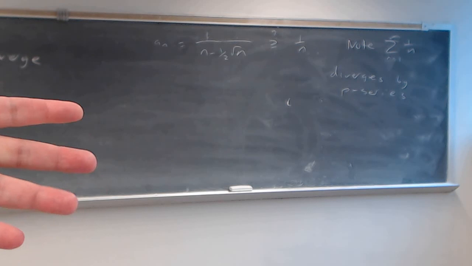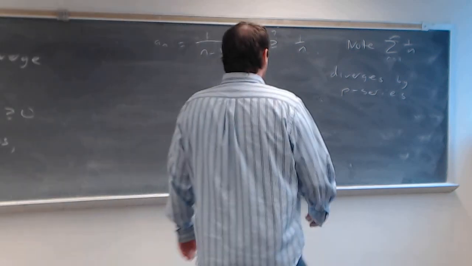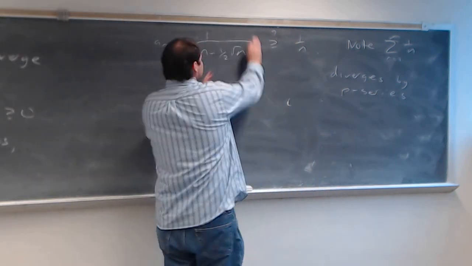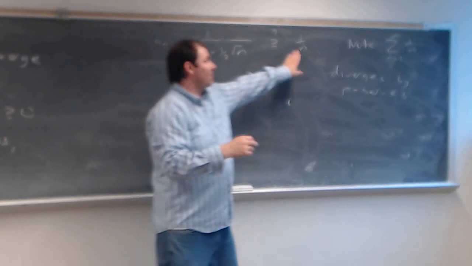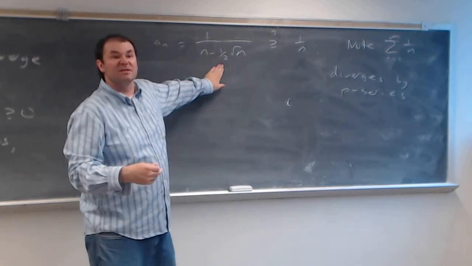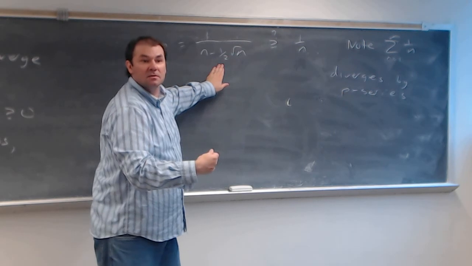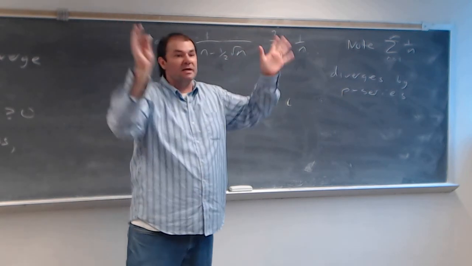The series goes towards infinity. And what we're thinking is if these terms right here are bigger than these terms, which sum up to be something going towards infinity, then these terms have got to sum up towards infinity and thus diverge. That's the whole idea.